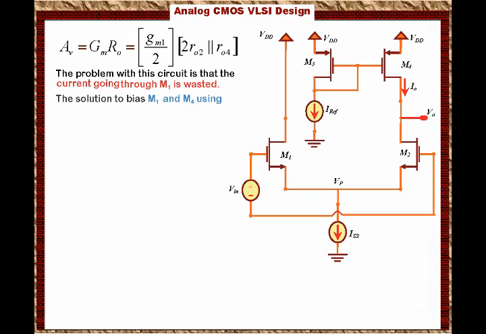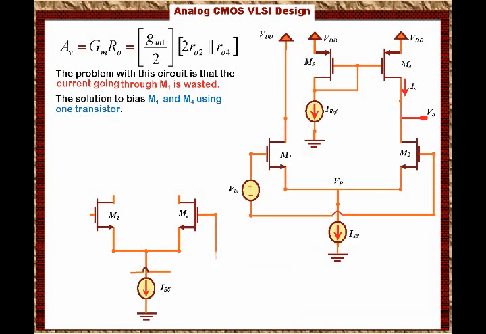The solution to this problem is to use the current through M1 to bias the current going through M4. So instead of using another reference circuit that biases M4, we're going to use the current through M1 to bias M3, then bias M4. So the circuit will look like this. Here are the differential transistors M1 and M2, which are biased through ISS, and they have Vn.